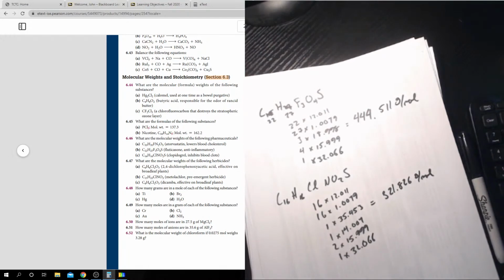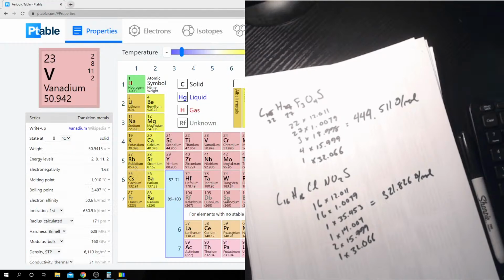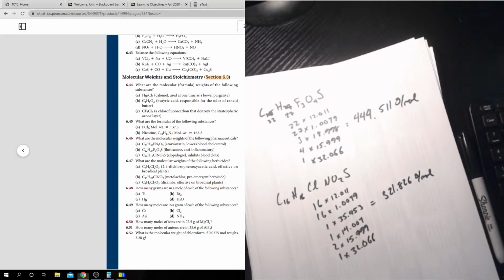All right. So, how many grams are in one mole? You're just asking for the molar mass again. Okay. So, titanium is 47.867 grams per mole. Bromine.